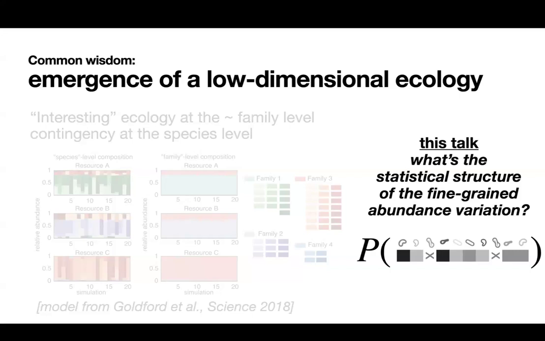The picture that seems to emerge is that at the family level, at this coarse level, everything is very reproducible within these alternative stable states, while the variability within is very wide. So what we were trying to do is to make this observation, which is qualitative, a little bit more quantitative.